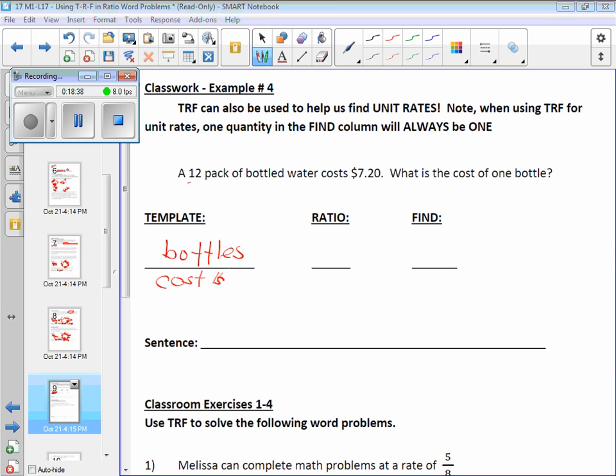Ready? 12 bottles costs $7.20. So that becomes our given ratio. What is the cost? That's what we're trying to find.